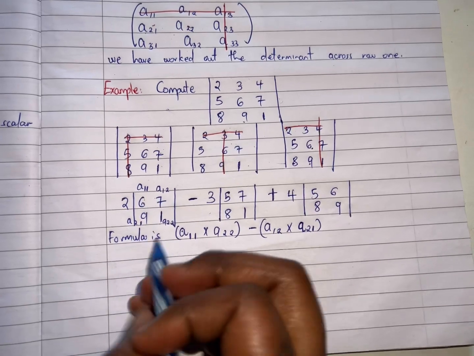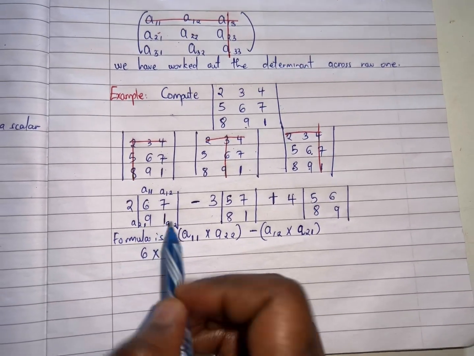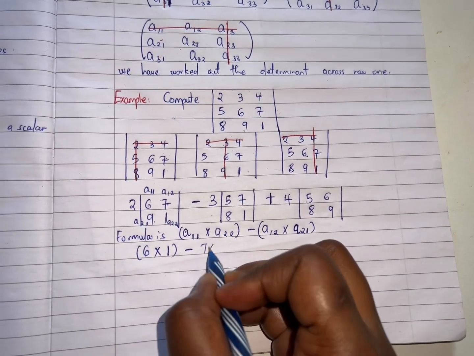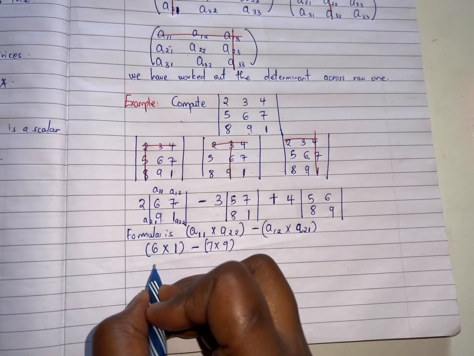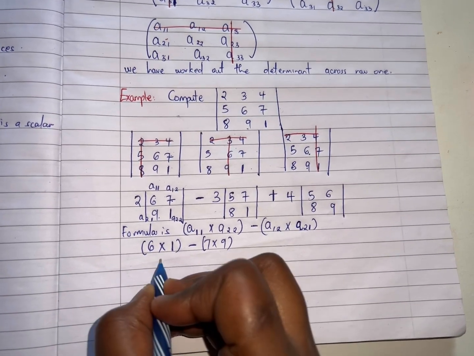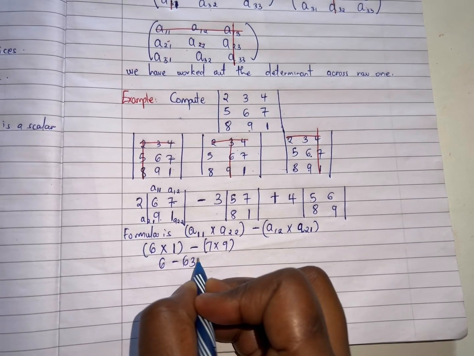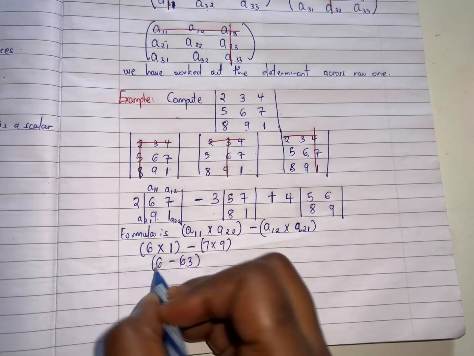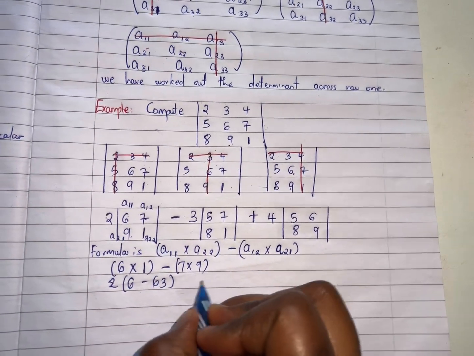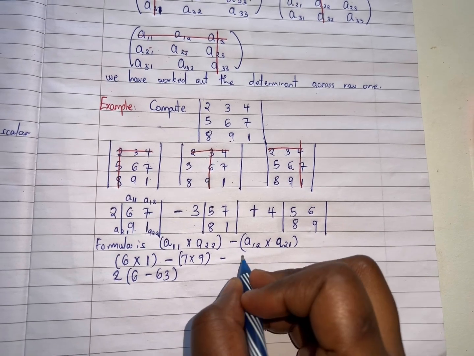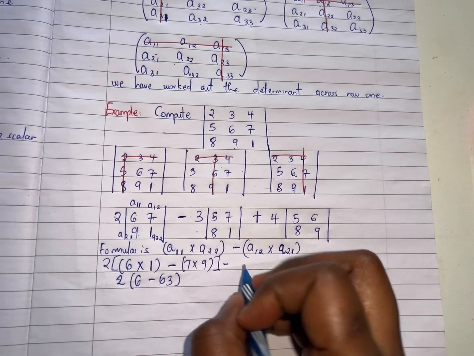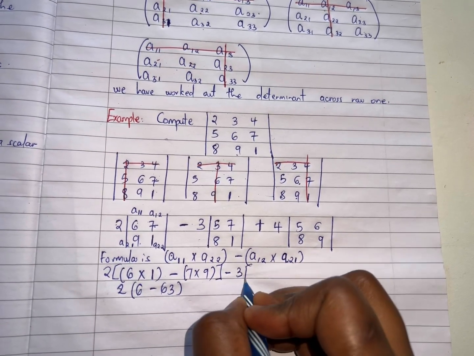So it will be 6 times 1 minus 7 times 9. Then don't forget that we had a 2 outside. So that's 6 minus 63. Don't forget that too. So I'm going to write the next one and put some brackets there.